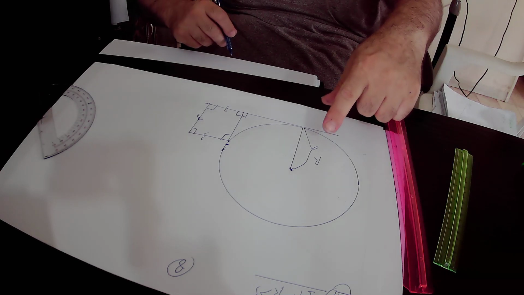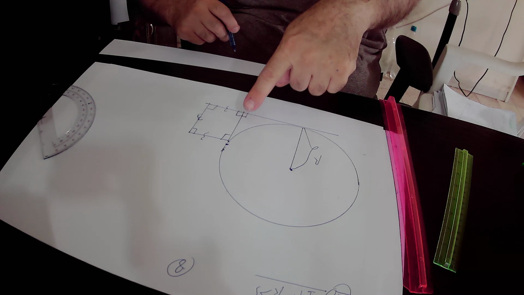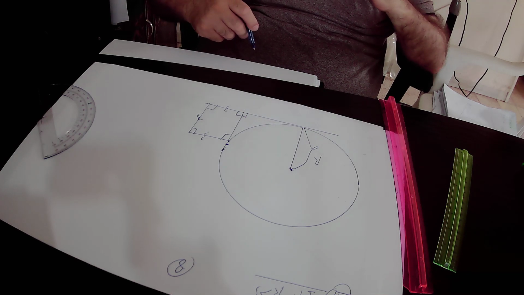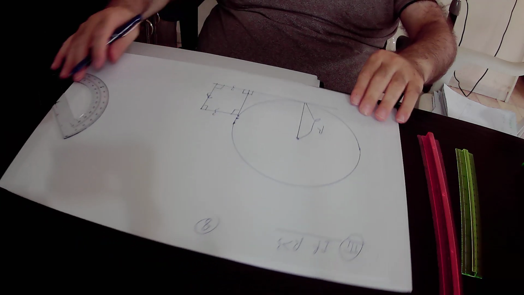You can see here the radius is higher than the side length of the square. Okay.